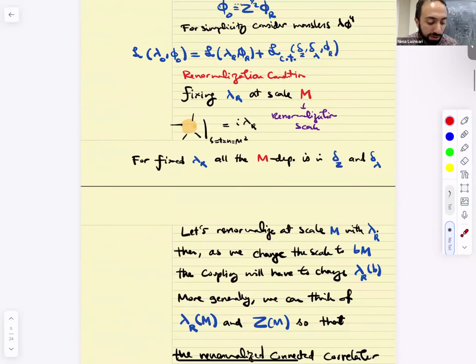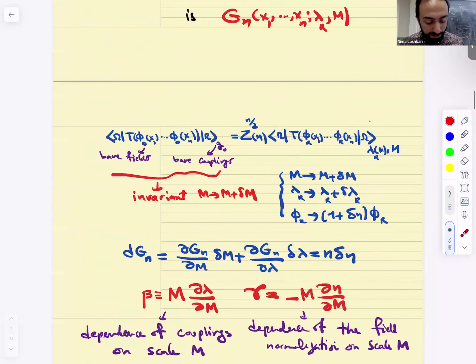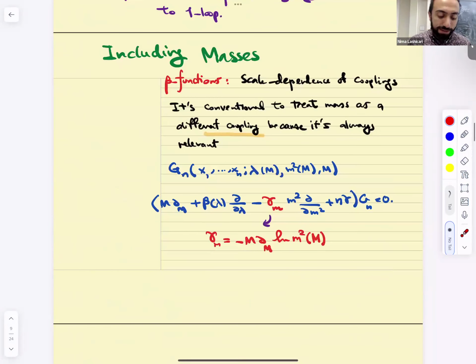I tried to make a point about this: last week I jumped in with this equation. So I tried to elaborate a little bit more about the dependence on M, where the dependence on M is and how we get the Callan-Symanzik equation. I said that to include mass inside the Callan-Symanzik equation, you have to treat it like any other coupling, because Callan-Symanzik is capturing the response of the correlation functions of the theory.